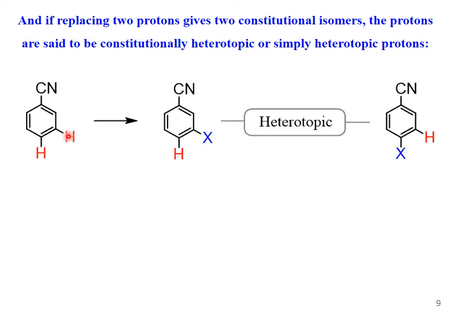Why are they constitutional isomers? There is bond connectivity. Here connectivity is at the meta position, here connectivity is at the para position. That is why they are called constitutionally heterotopic, or simply we can say heterotopic.